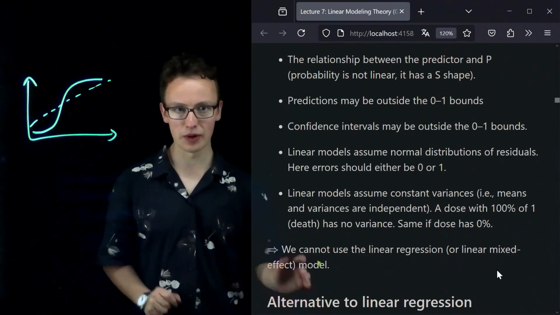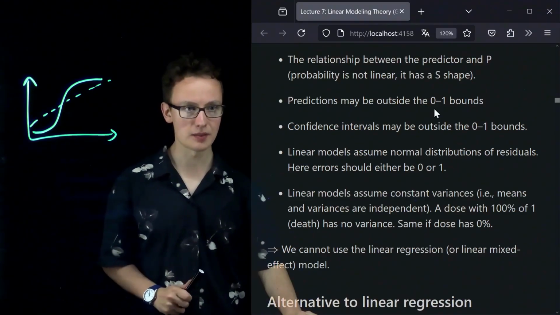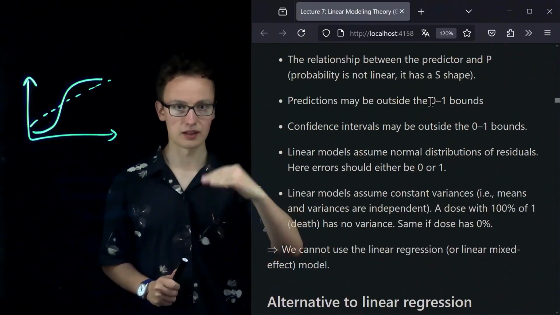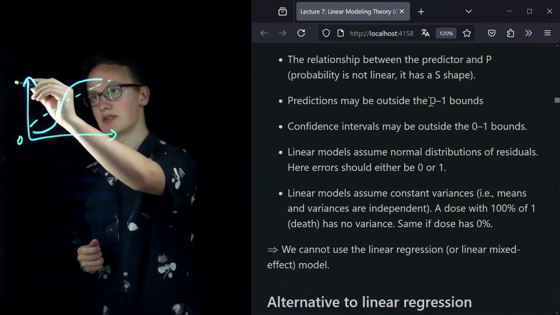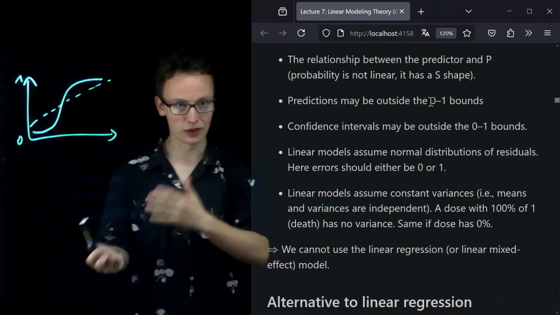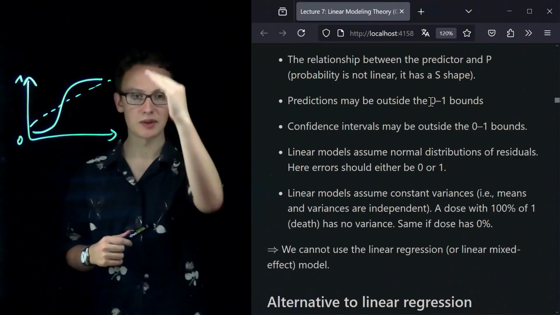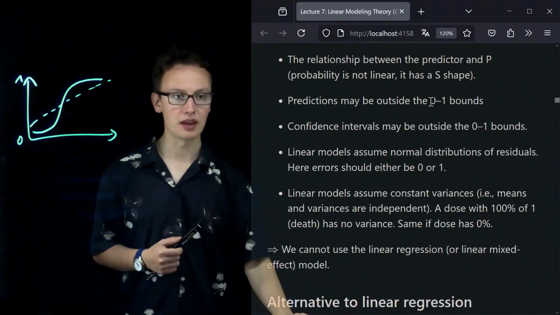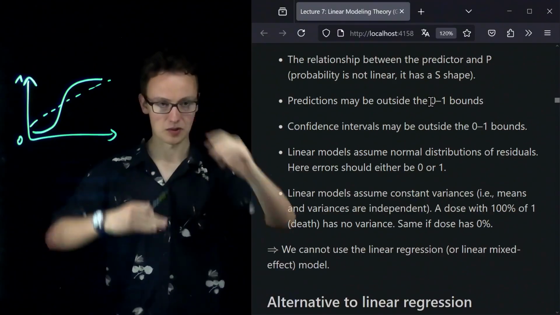Another reason is that the predictions may reach outside these bounds of the y-axis, which can only be between 0 and 1. So while the data itself, like the killed or not getting killed, or the summary proportions of that, can only range between 0 and 1, the predictions might go beyond that conceptually constrained interval.